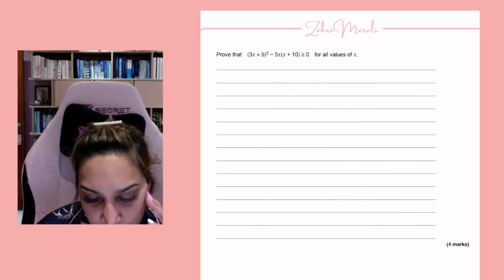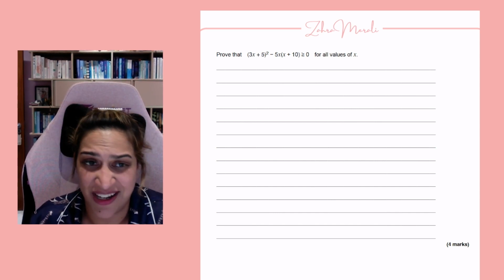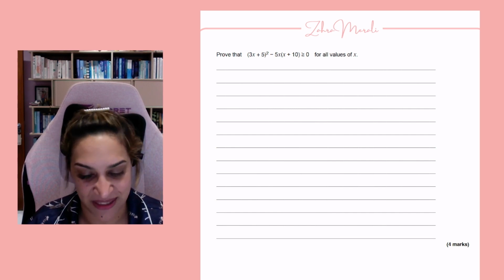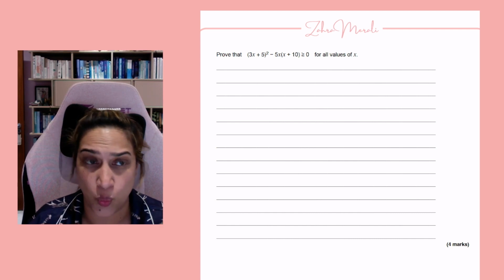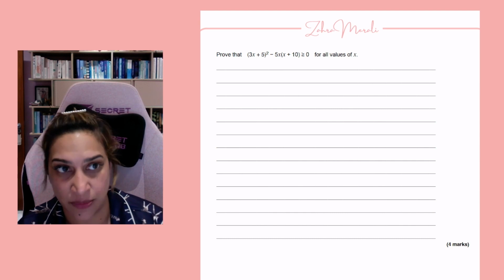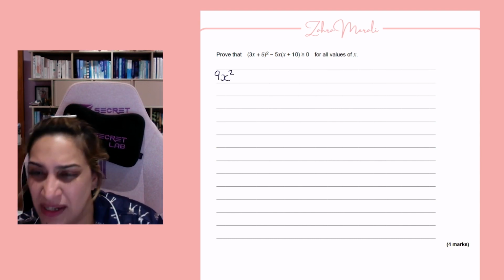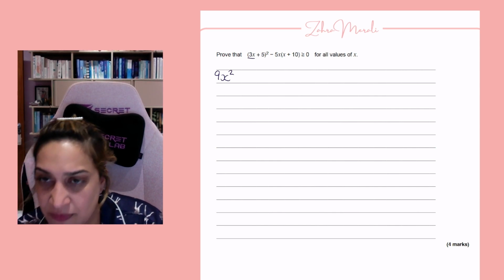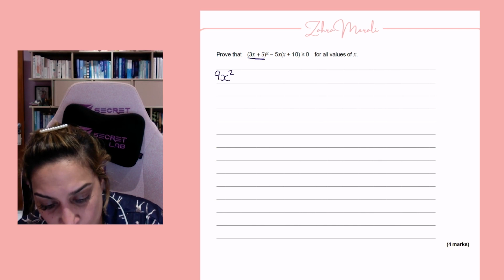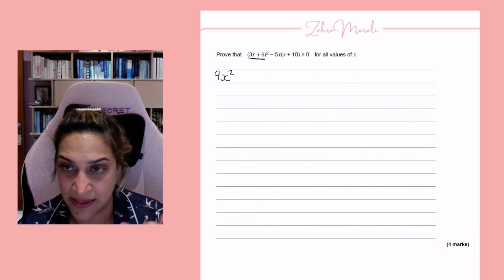Right, next one. Prove that something is always bigger than 0. So let's just start off by opening it all out, because as it stands, it's not going to be something we can work with. Again, I'm going to open it out quite quickly. Pause this, try opening it out yourself and double check you get the same thing. So we're going to get 9x squared, and the way I do it quickly, just so you know, is take the first value, square it, 9x squared, times the 2 together, 3x times 5 gives me 15x, and double it.